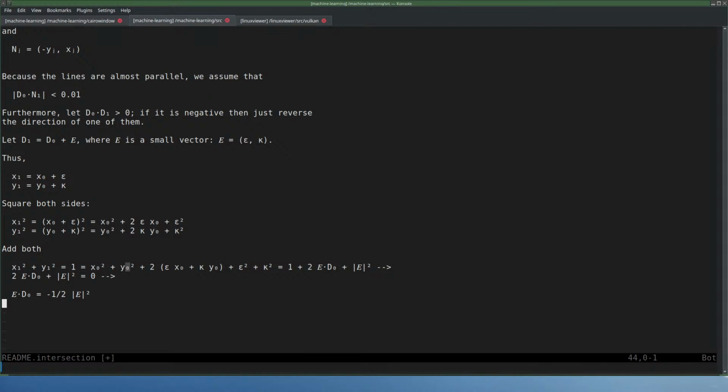Then that distance is P1 P0 in N0 dot N0.